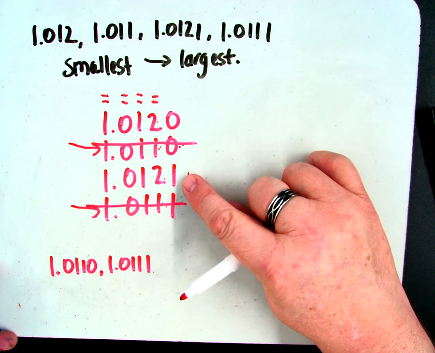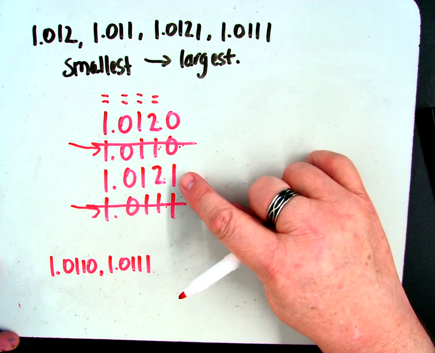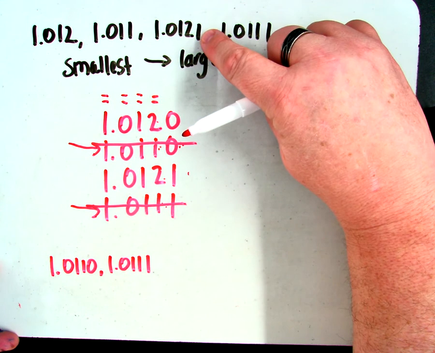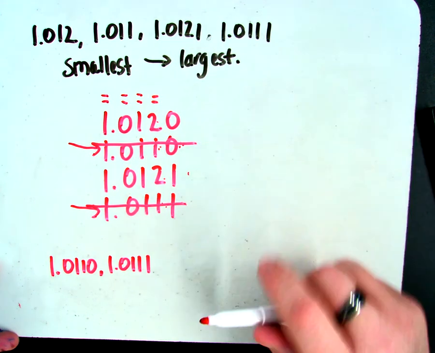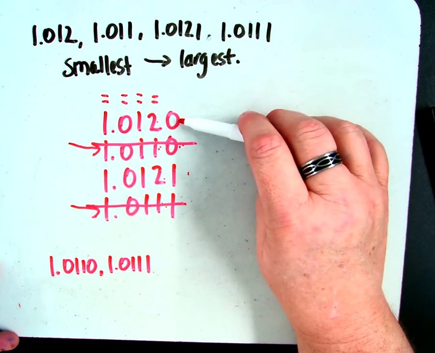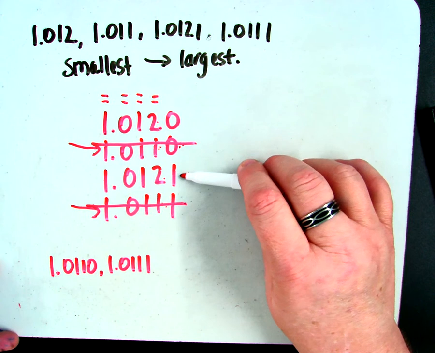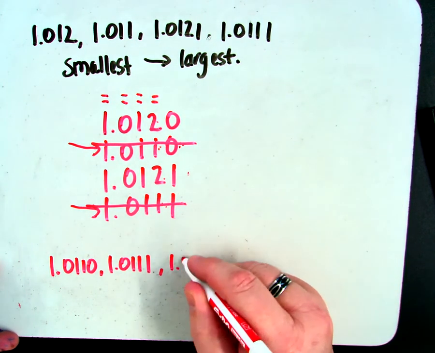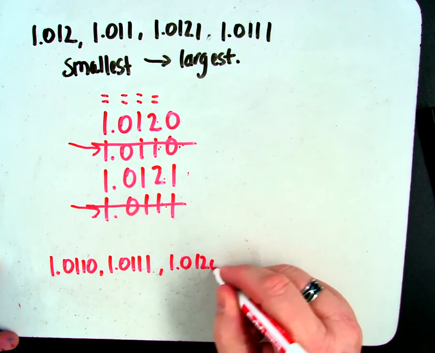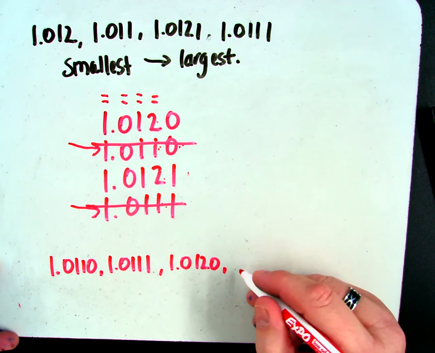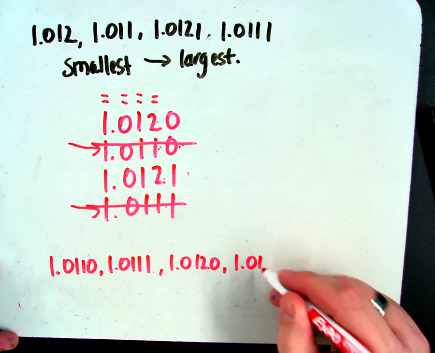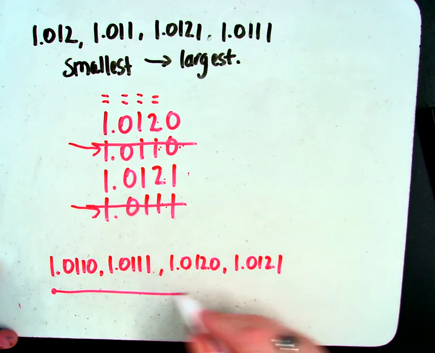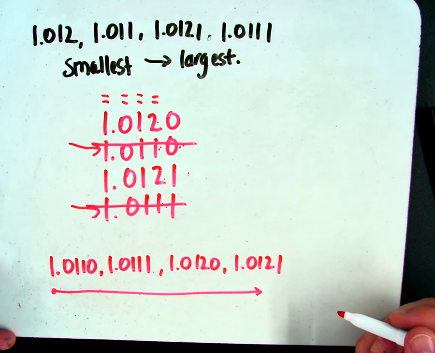This number here. I don't think you wrote it down right, because this number here comes from here. Okay? That's all right. So then we're looking at the 0 and the 1. The 0 is smaller, so that is our third number, followed by this one. So this is from smallest to largest in order.